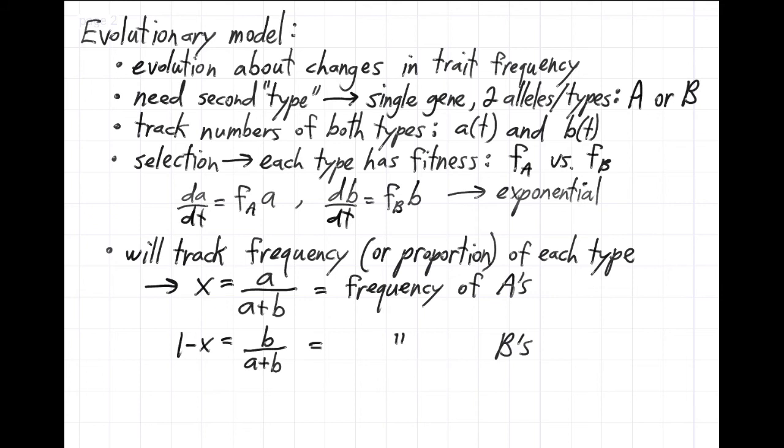Okay, and this term frequency, we're going to come across that again and again, so keep that in your mind. When we're talking about frequency of types in a population, we mean proportion. What fraction of the individuals are this type or that type?